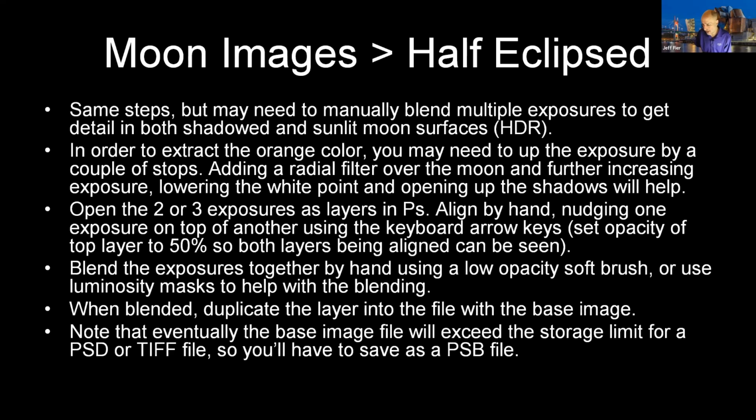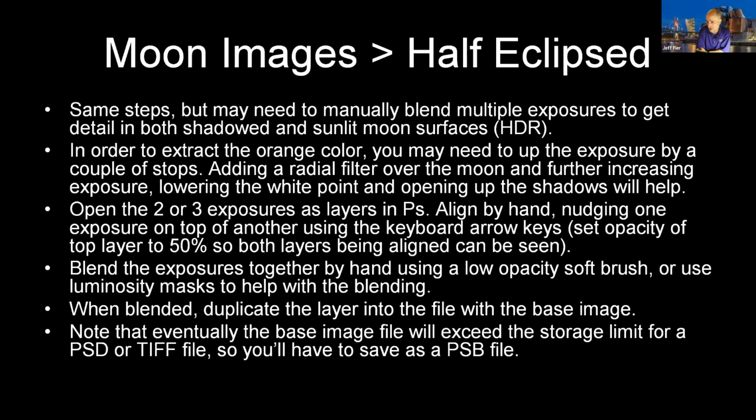But by doing that, the bright side of the moon, where it isn't eclipsed, is now just totally blown out white. If you want to have any bit of detail in that, the way you're going to do that is not by masking it out on the exposure that you've increased by 2 or 3 stops in Lightroom, but what you can do is take one of the other exposures.